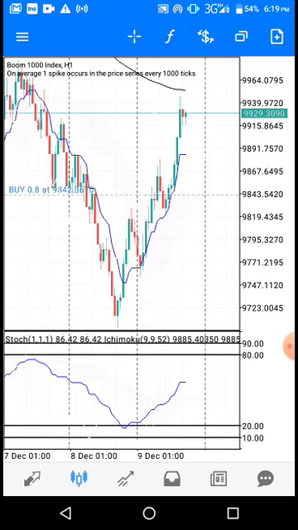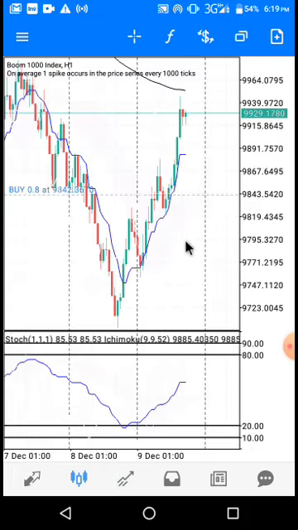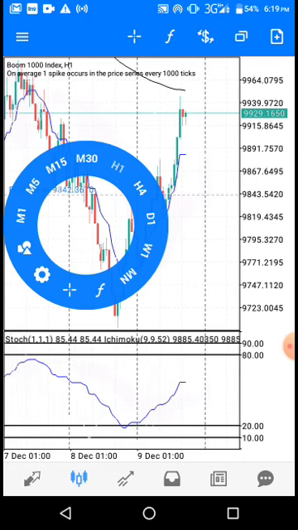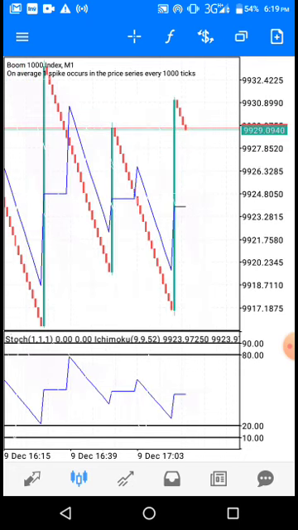But first, before I talk about how to trade if you have a small account, and before I take you to my trade that is currently running, I want to first of all clarify something. When I posted a strategy about boom and crash, how to scalp boom and crash, I equally posted another strategy on how to trade boom and crash using the long-term strategy.